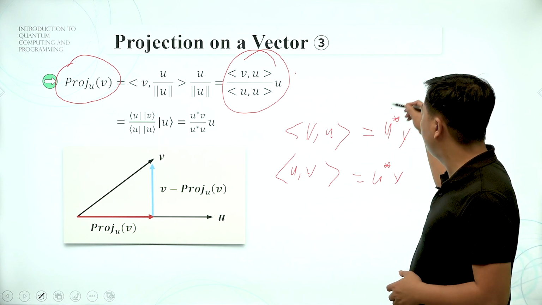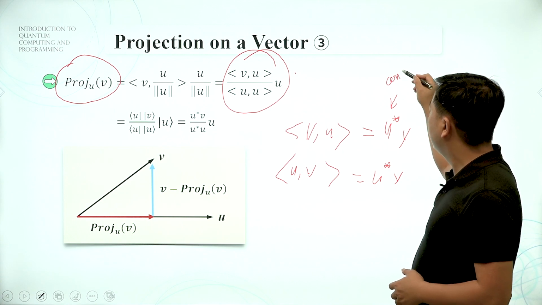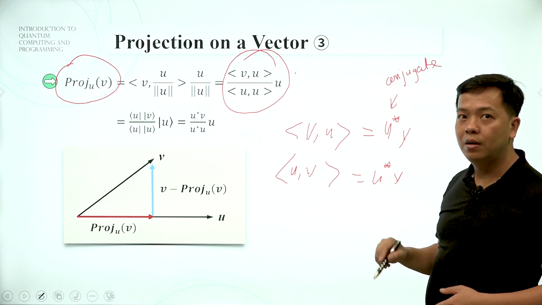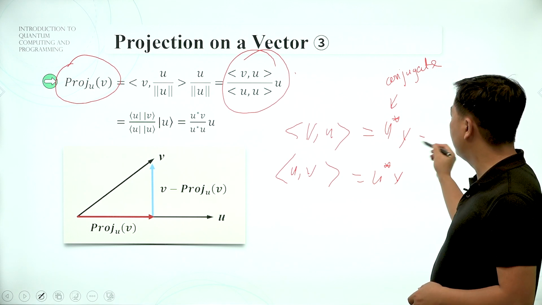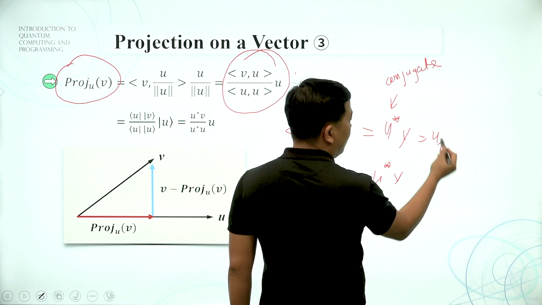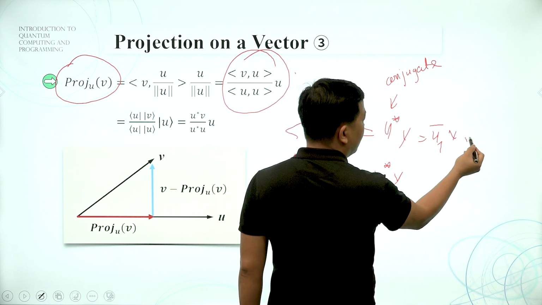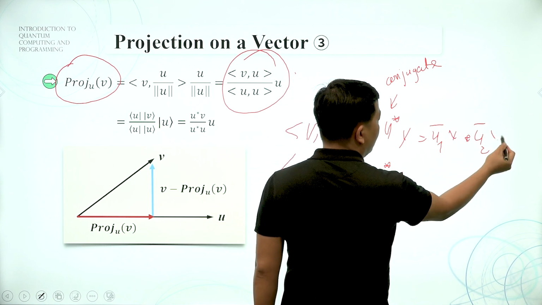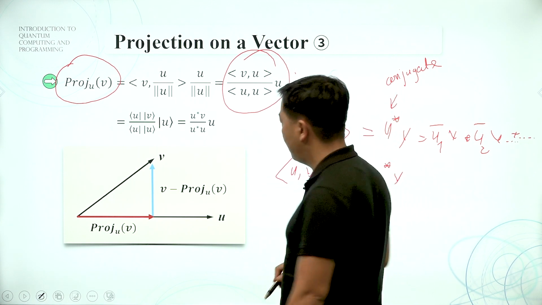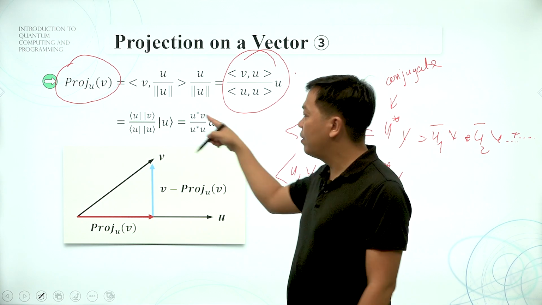And this one is conjugate. This is equal to u1, v, u2, v. Okay, so this is how we can calculate it.